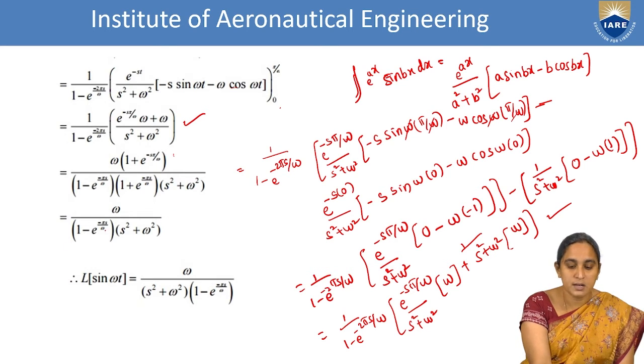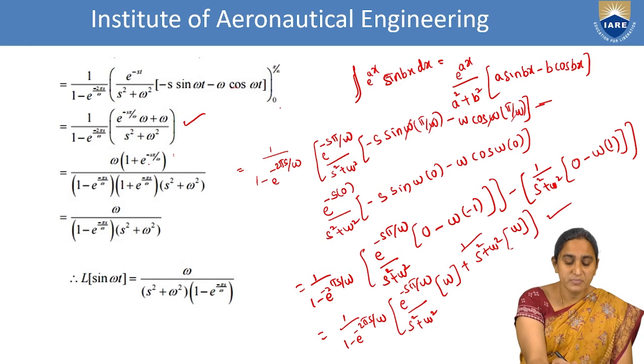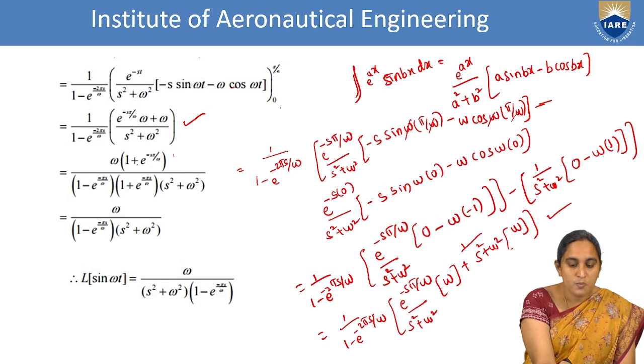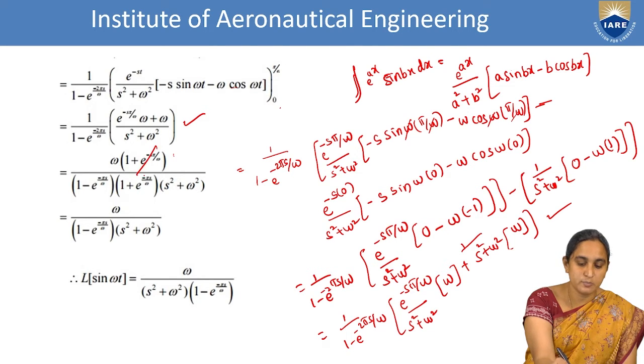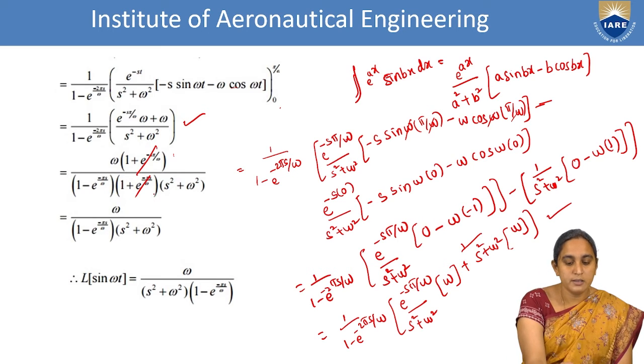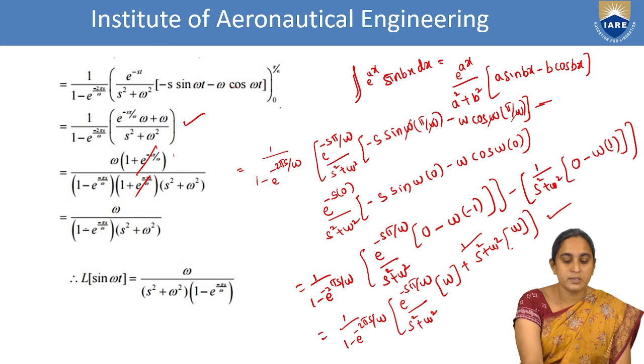After dividing the denominator, which is in the form of a square minus b square, 1 plus e power minus s pi by w and 1 plus e power minus pi s by w are both cancelled. Therefore, what is the final answer? w by 1 minus e power minus pi s by w into s square plus w square.